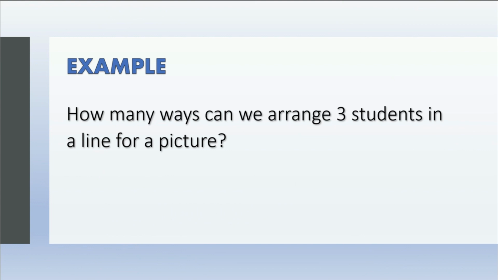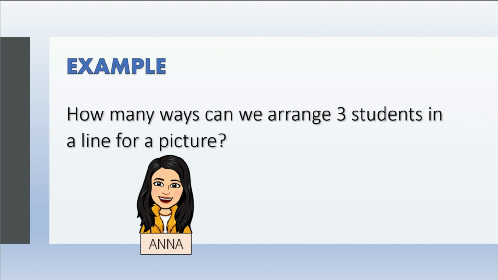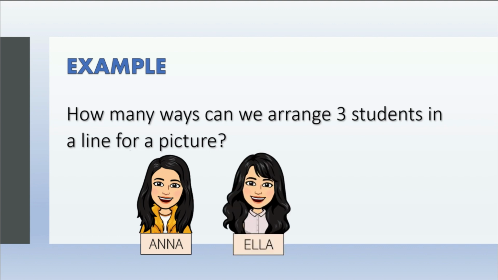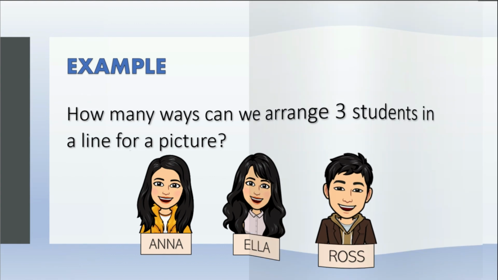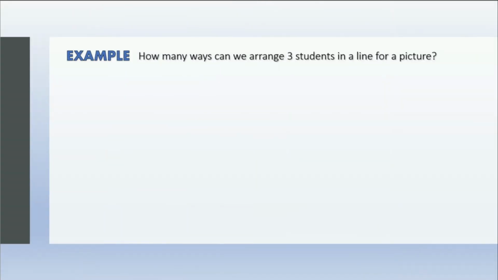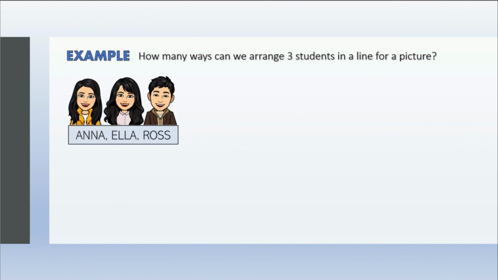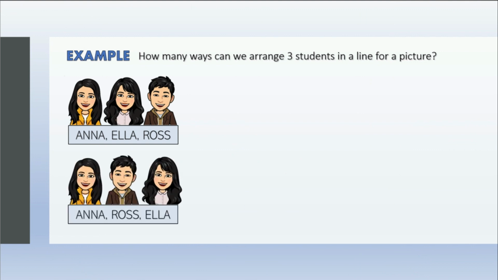Now, let's see some examples. How many ways can we arrange 3 students in a line for a picture? Let's say those 3 students are Anna, Ella, and Ross. Using an illustration, the first arrangement could be like this: Anna, Ella, and Ross. For the next one, we have Anna, Ross, and Ella.